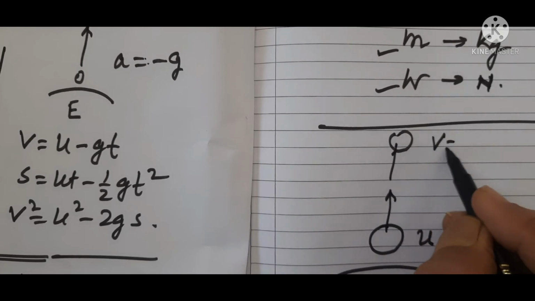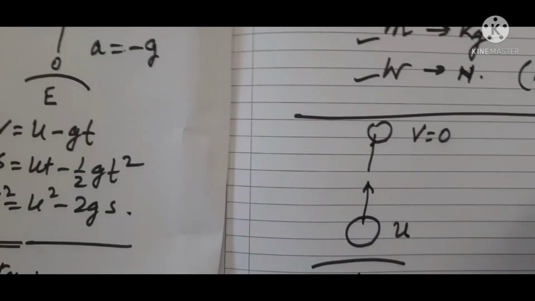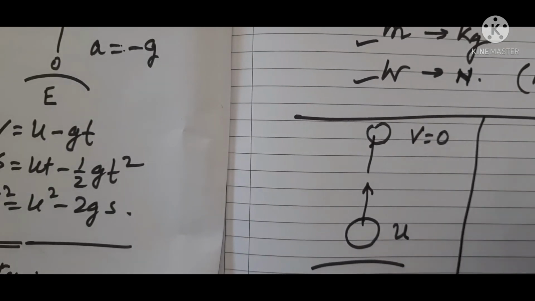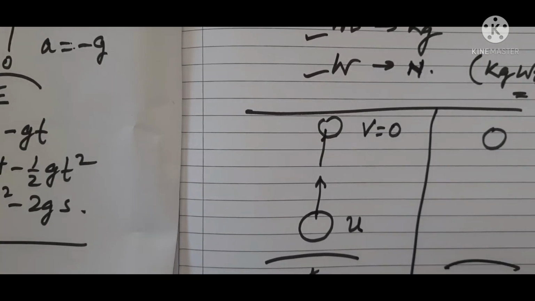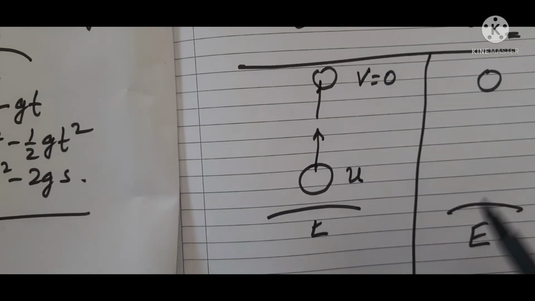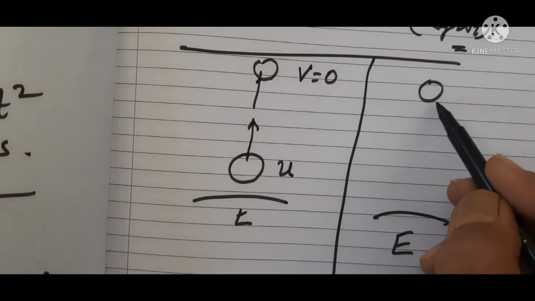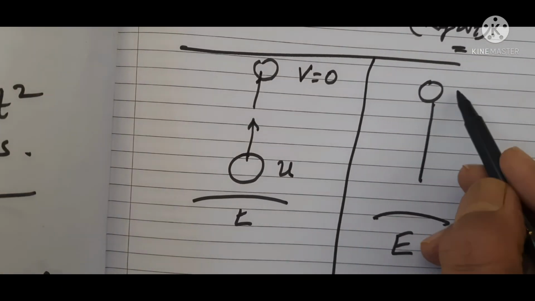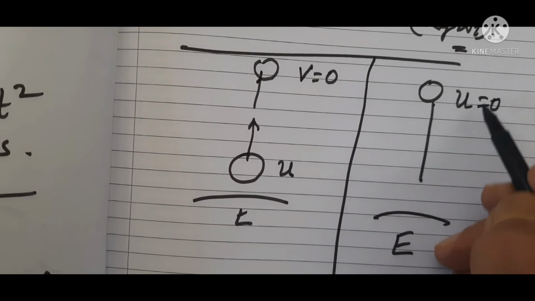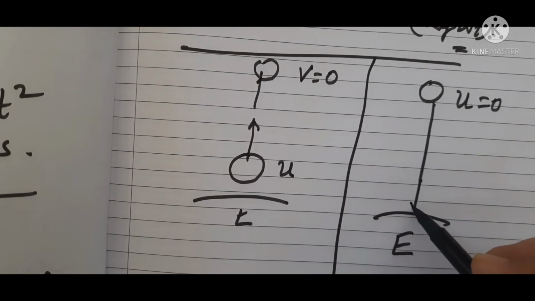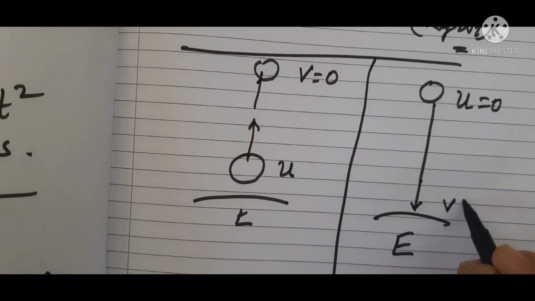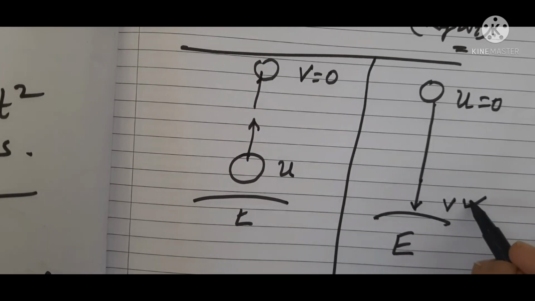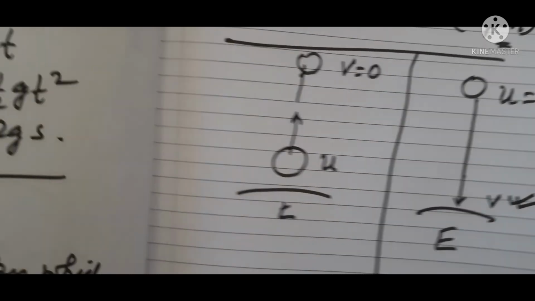Final velocity becomes 0. Right? Remember. And if a particular object is released, then initial velocity is 0, and just before reaching the surface it has some final velocity. Right? These are the techniques to solve.